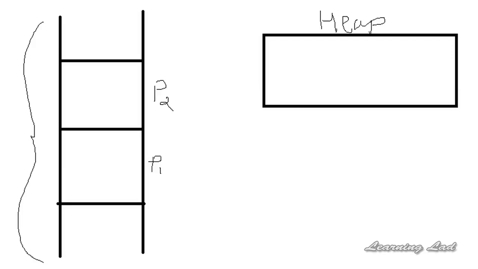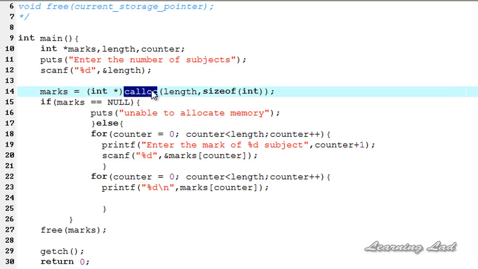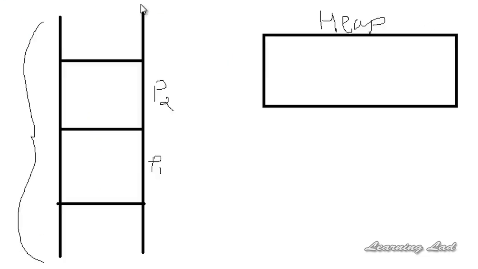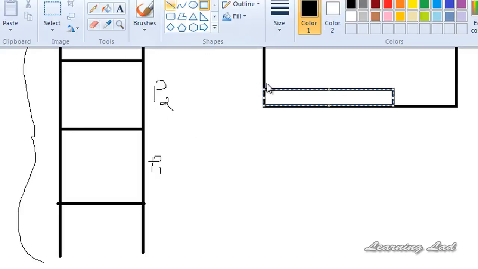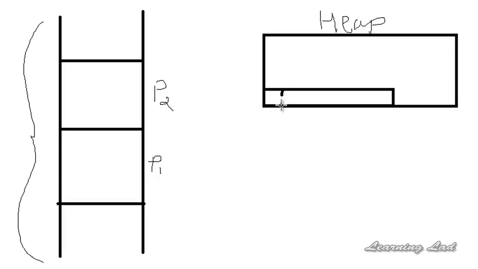That's why the calloc function is going to allocate 6 blocks, and each block is of 4 bytes. That's the size of an integer in my system.